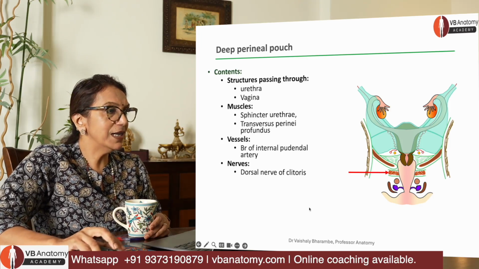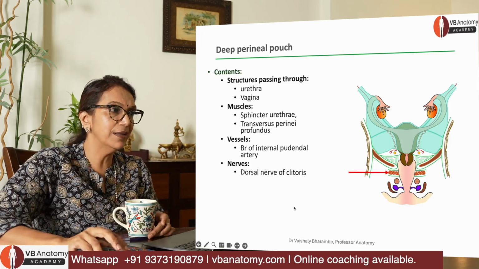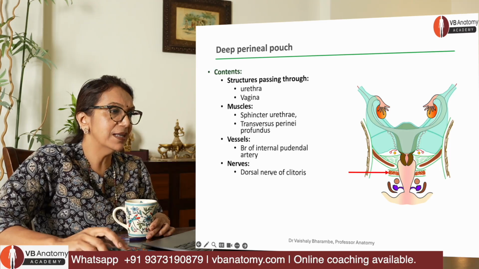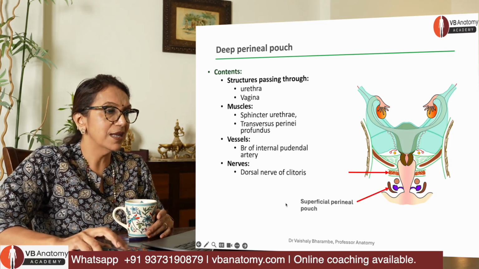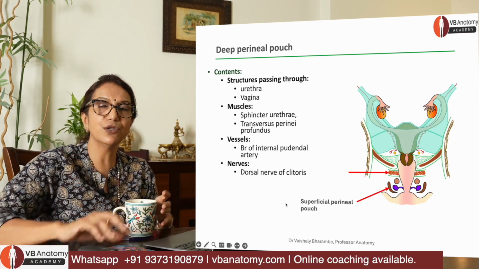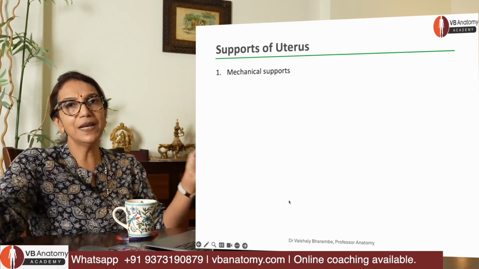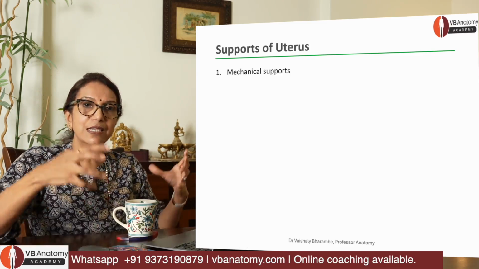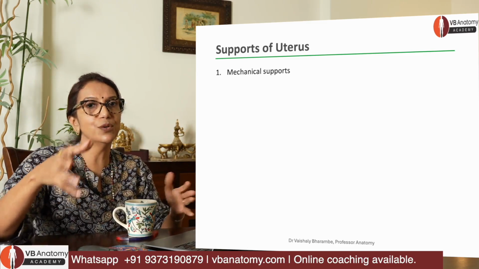So the contents of the deep perineal pouch: through this pass your urethra and vagina, sphincter urethrae, transversus perinei profundus, a lot of important blood vessels and nerves which we have discussed, and below this you will find the contents of the superficial perineal pouch. So a lot of anatomy, some of which I literally feel I have dumped on you, but let's put it together by classifying these structures as supports of the uterus.